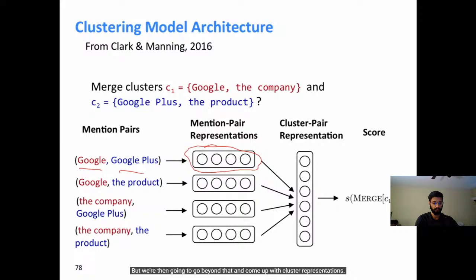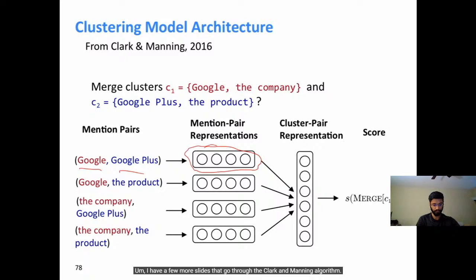But we're then going to go beyond that and come up with cluster representations, and then look at cluster pair representations. We would hope that by looking at these cluster representations, we'll be able to make better decisions of what to merge next.